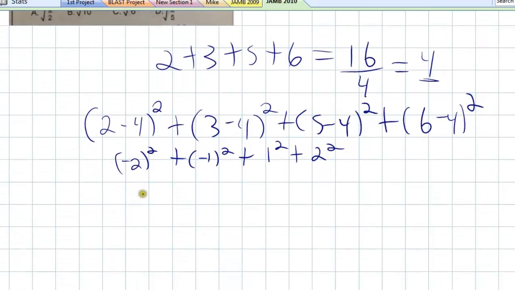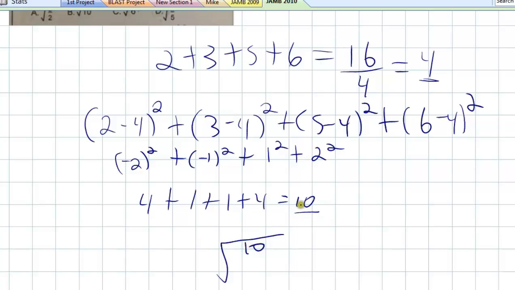So then we're going to have 4 plus 1 plus 1 plus 4, which is 10. Okay, so now to take the standard deviation, we have the deviation and we have the average. So to take the standard deviation, we need to take the square root of the sum of the deviations over 4.